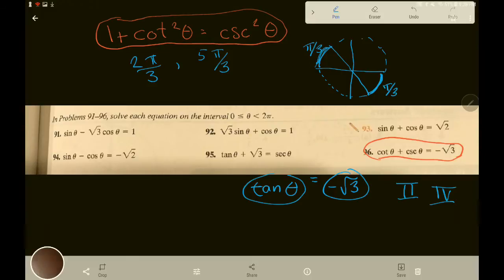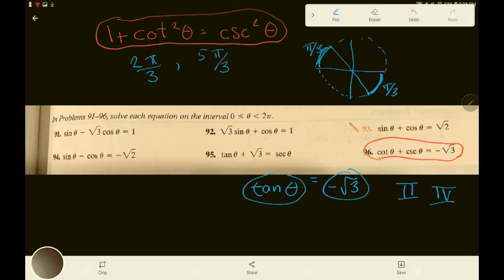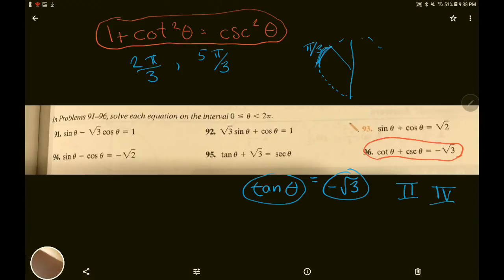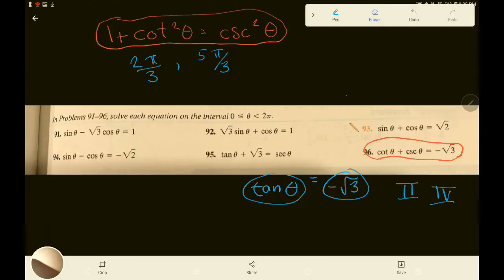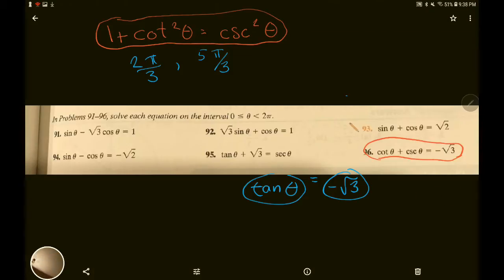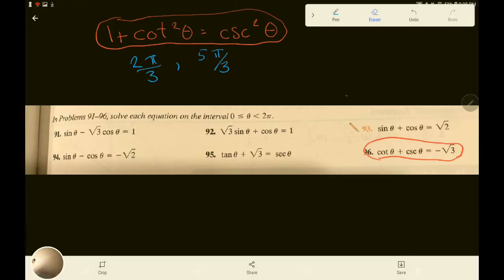So we're actually going to check both of those angles to see. Probably one of them is going to be an extraneous root. But let's check them both out in the original equation. Cotangent theta.